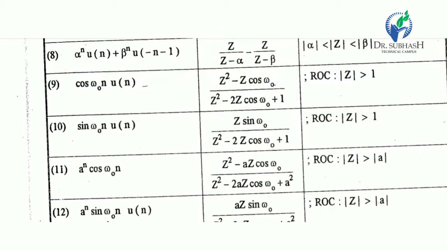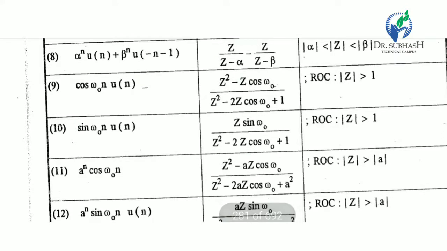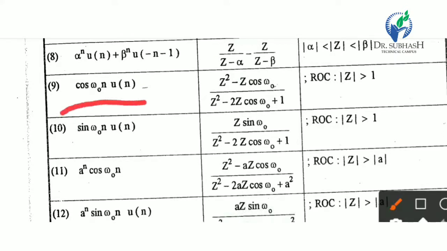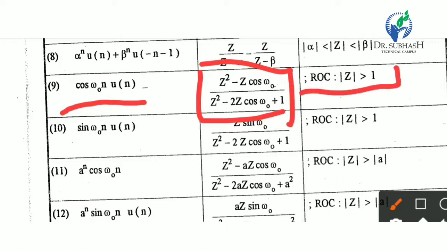For the cos term, cos omega 0 n u of n, the Z transform is z square minus z cos omega 0 divided by z square minus 2z cos omega 0 plus 1, and the ROC is mod z greater than 1.